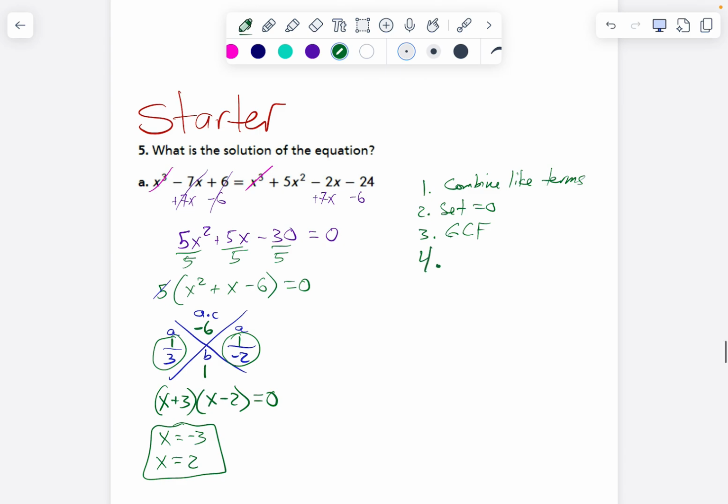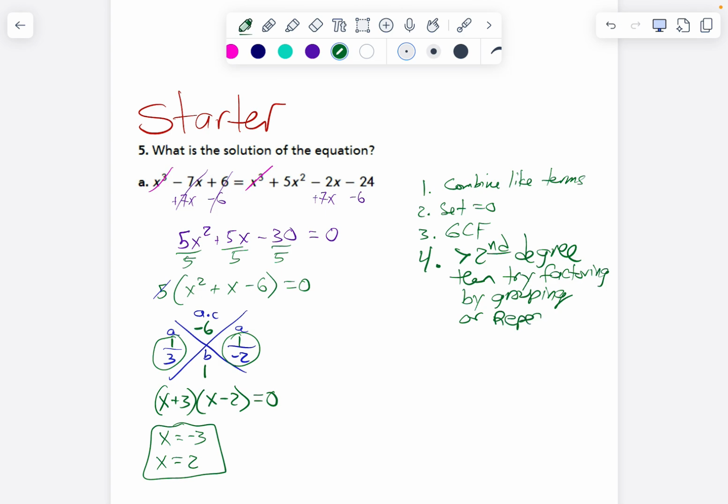If it's greater than second degree, which it will be for this unit most often, then try factoring by grouping. We learned that last week. That's not going to happen very often, but keep an eye out for it.